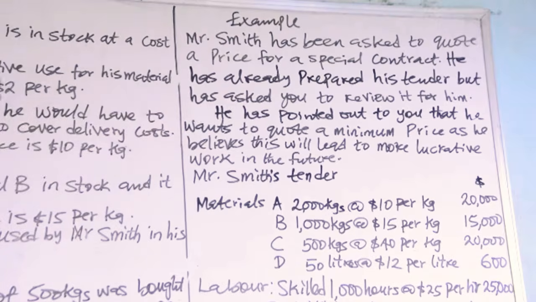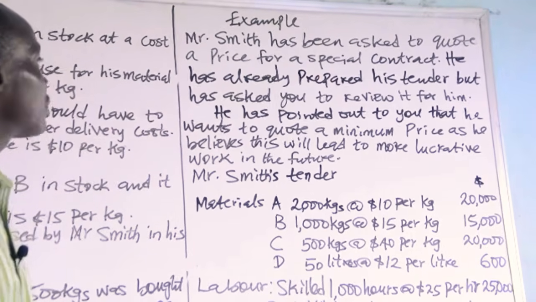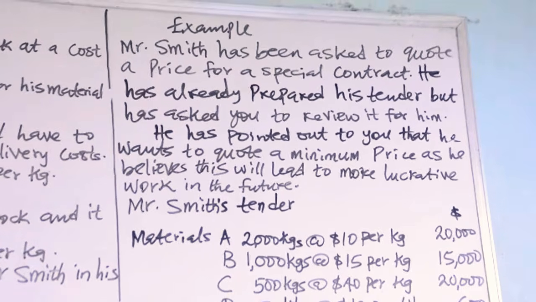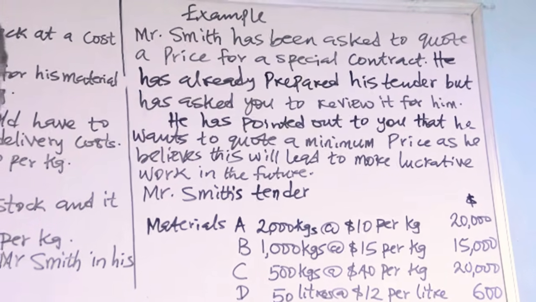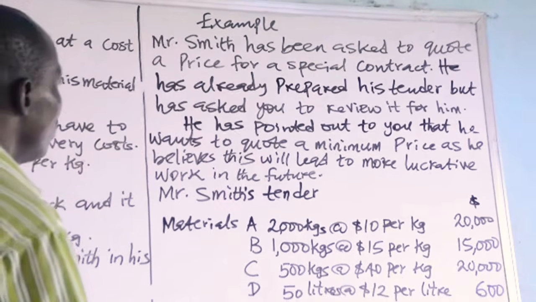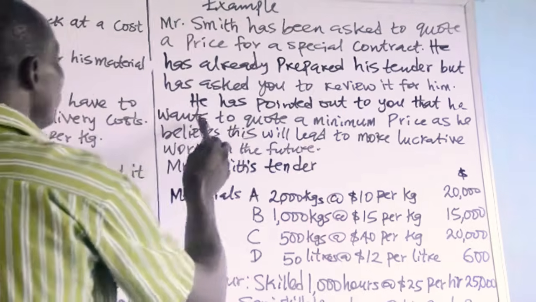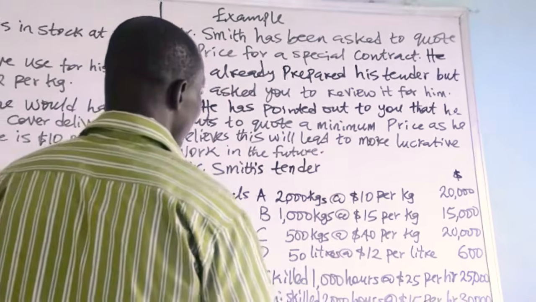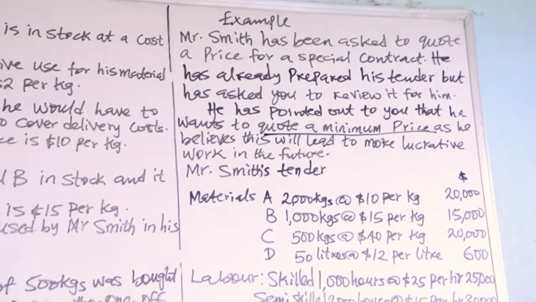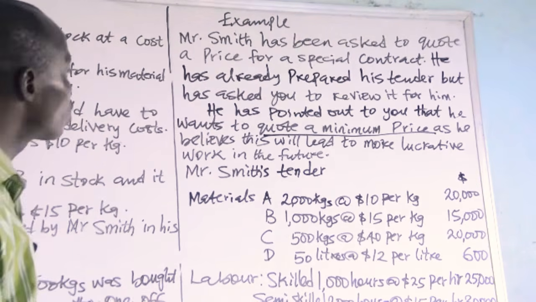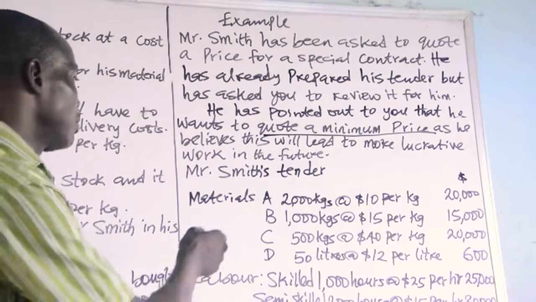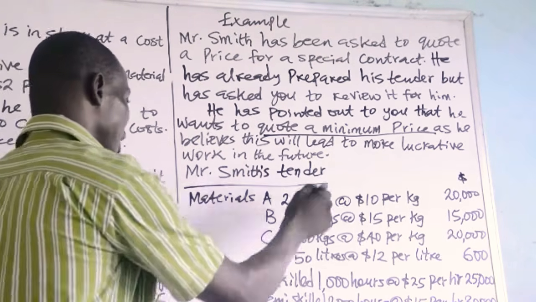Mr. Smith has been asked to quote a price for a special contract. He has already prepared his tender, but has asked you to review it for him. He has pointed out to you that he wants to quote a minimum price, as he believes this will lead to more lucrative work in the future. This is Mr. Smith's tender.